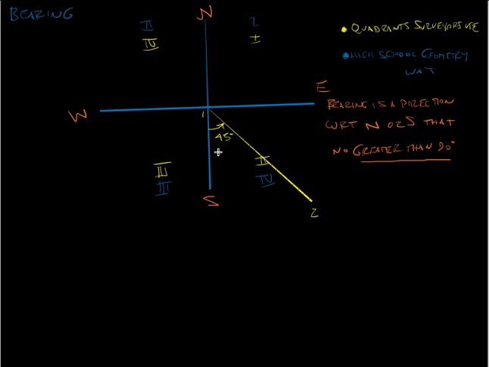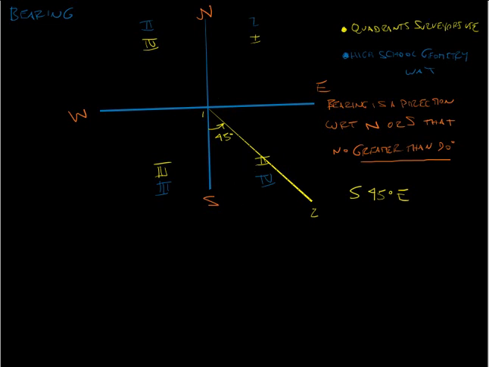So in a bearing, this angle is south 45 degrees east. South 45 degrees towards east. So you always start off with south, or you always start off with north, and you always end in east or you end in west. You never start with east, or you never start with west.